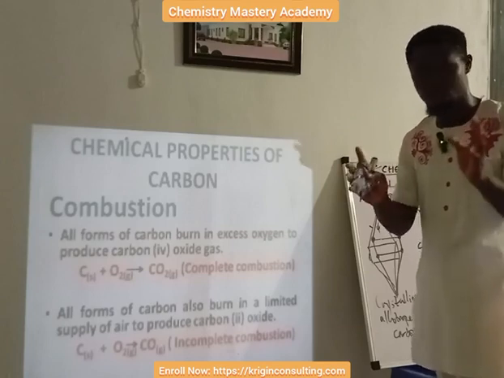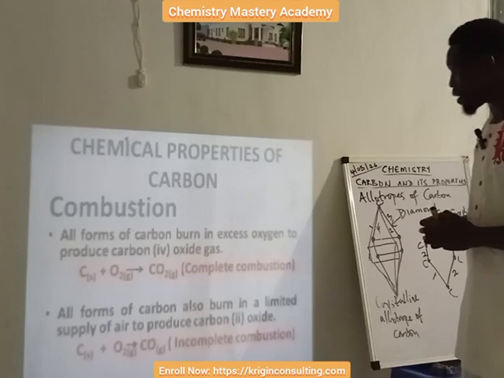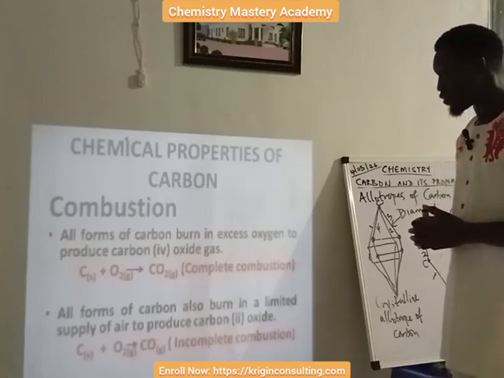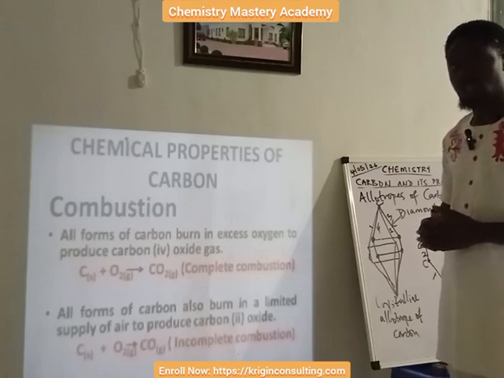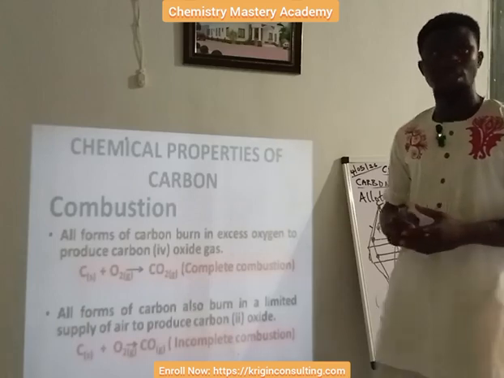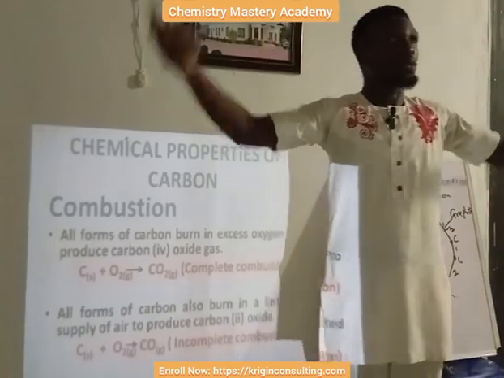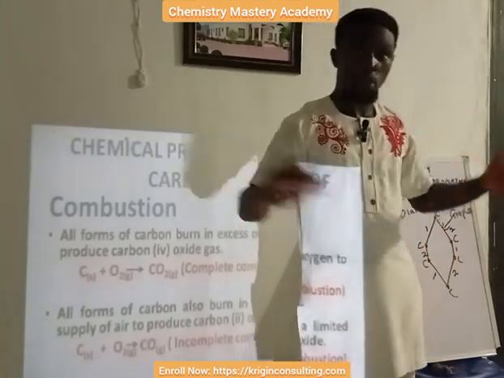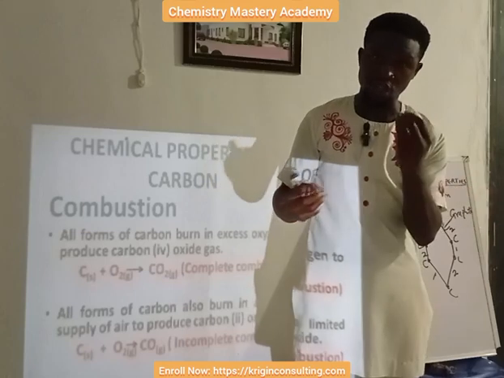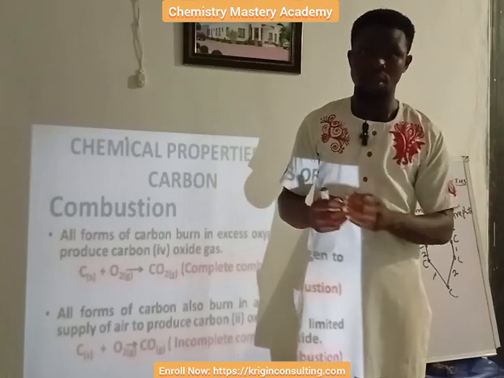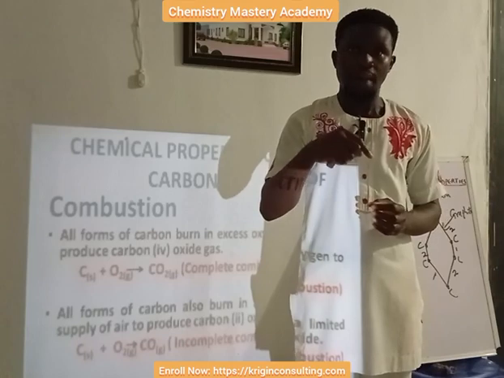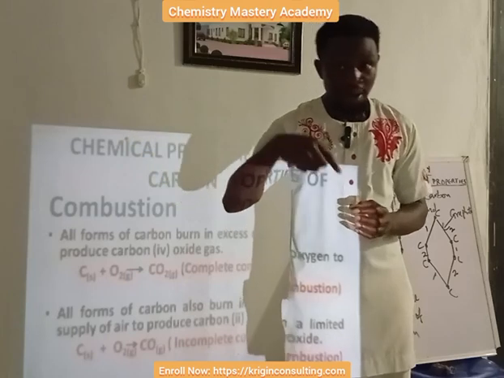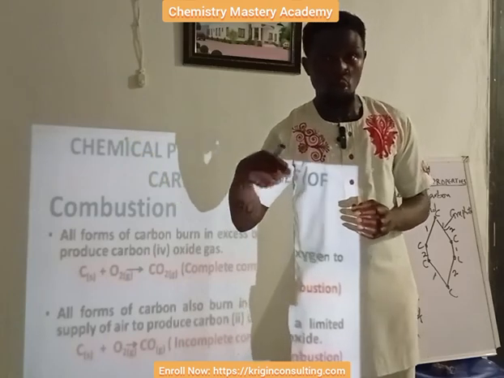Now, all forms of carbon also burn in a limited supply of air to produce carbon monoxide. What are we saying? If I bring carbon into this room, and I ensure that the amount of air coming in here is very small, carbon will end up forming carbon monoxide.